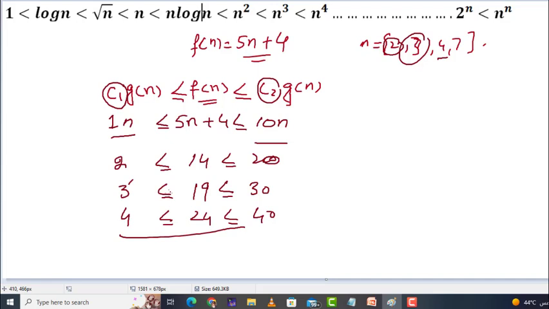So it means that we have already satisfied the definition of a tight bound. So now I can represent this with theta n.